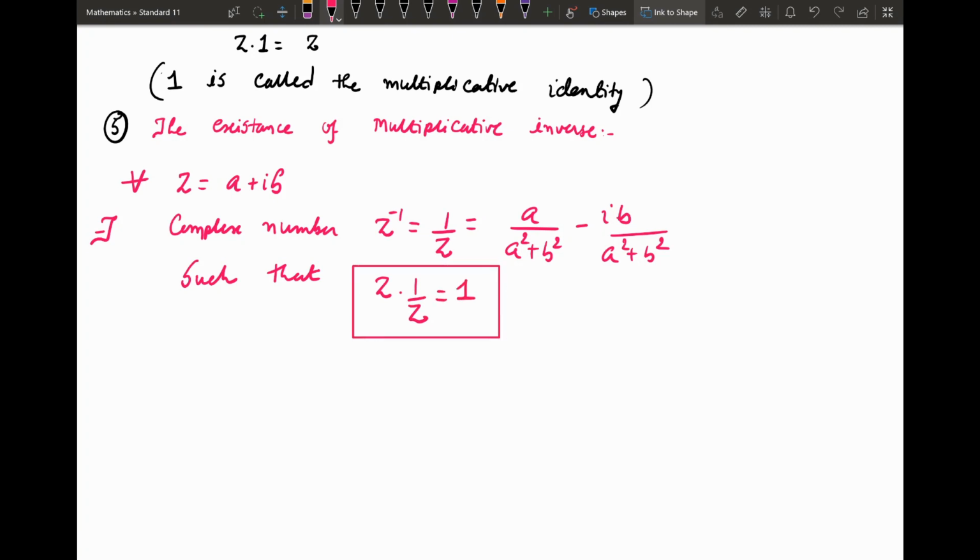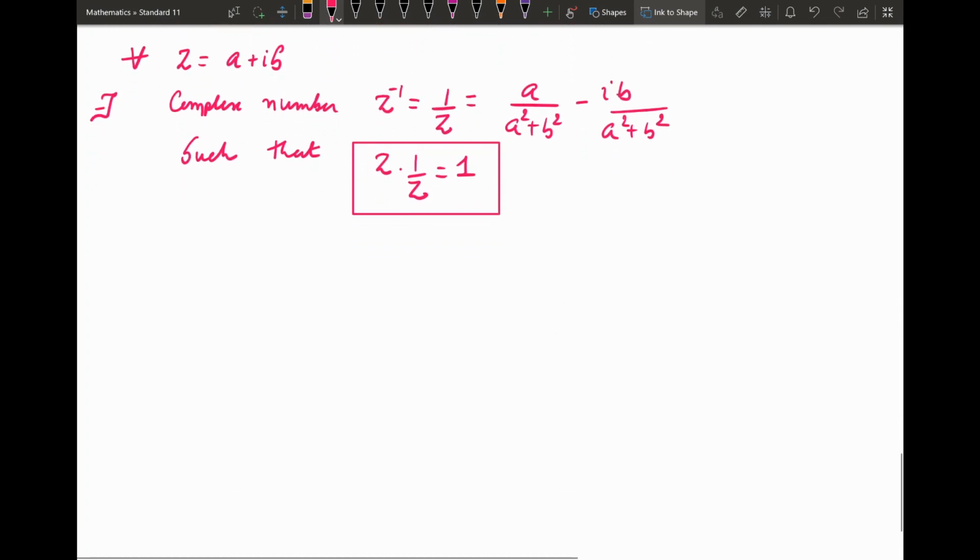So 1 upon z is known as the multiplicative inverse. For any complex number a plus ib, its multiplicative inverse is given by a upon a square plus b square minus I into b upon a square plus b square.